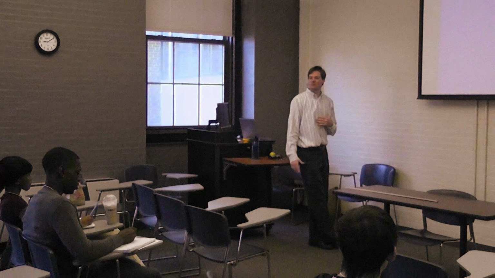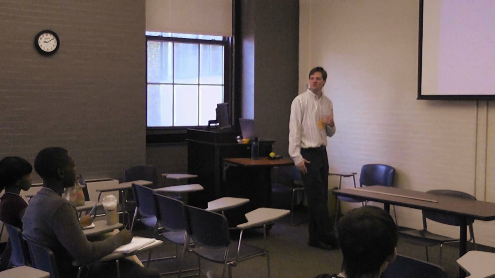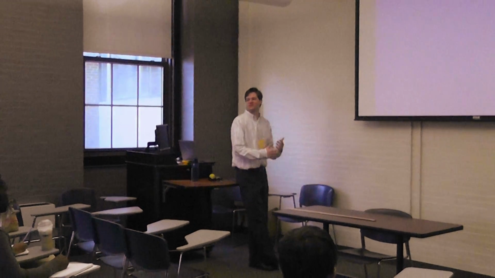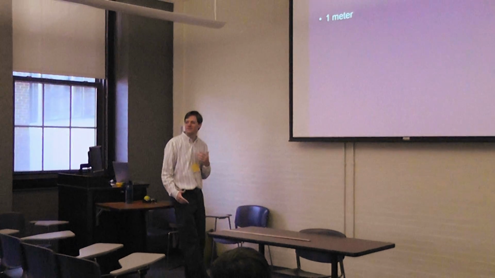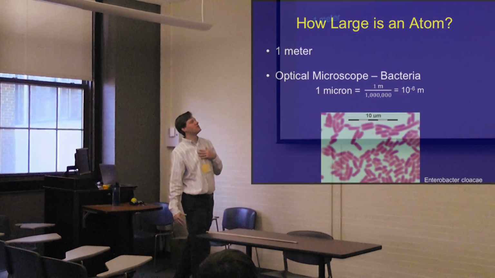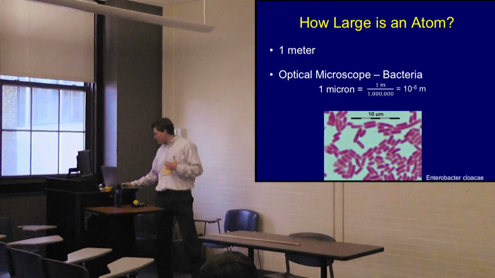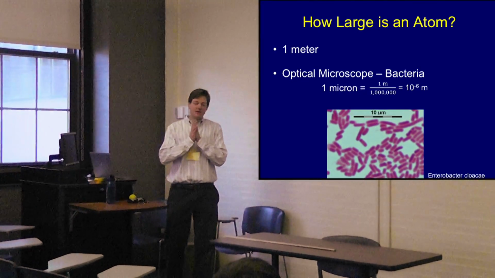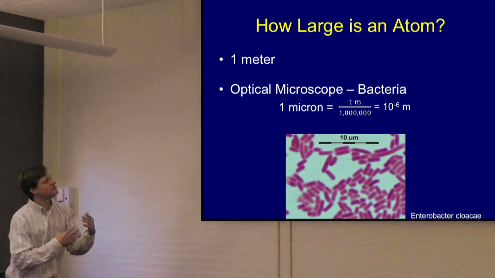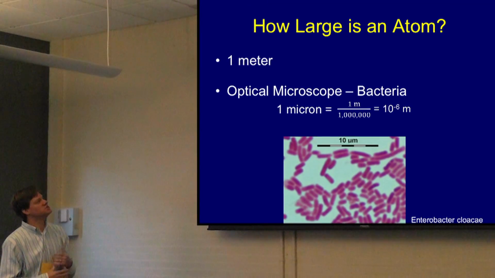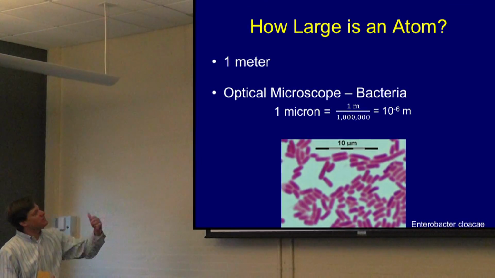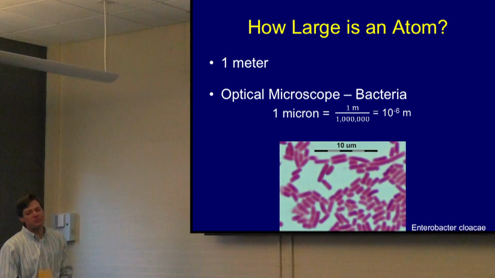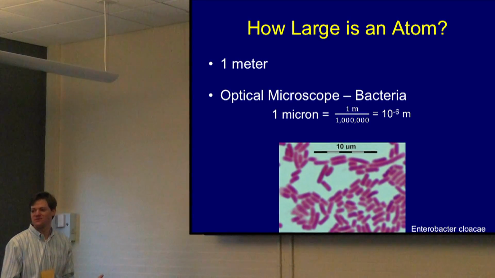Biology class, for example. Sometimes you utilize something to look at things on a much smaller scale. Okay, microscope, an optical microscope. And in an optical microscope, you can get down to the size of bacteria, so you can image very small things. And about the limit of a microscope is a micron.